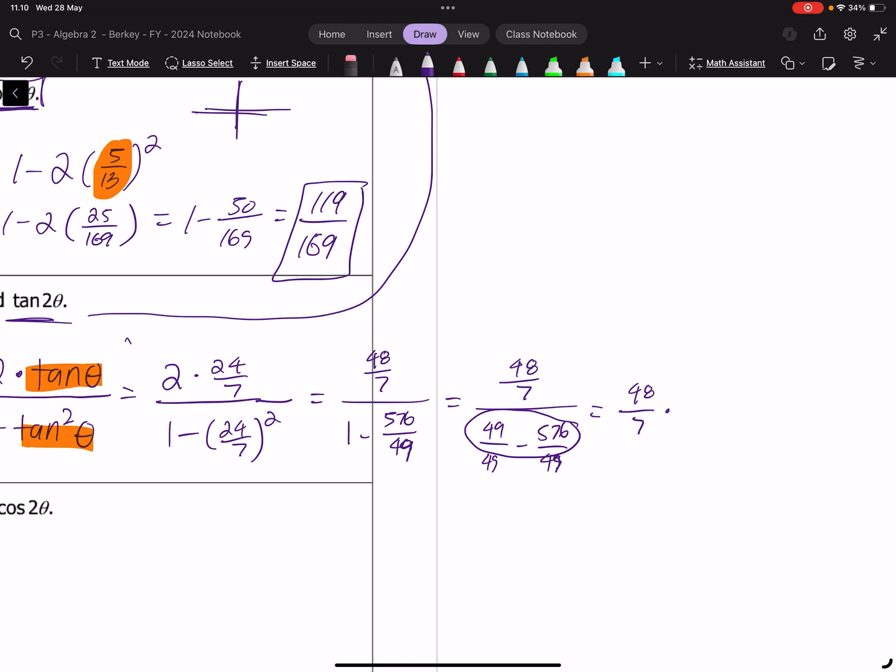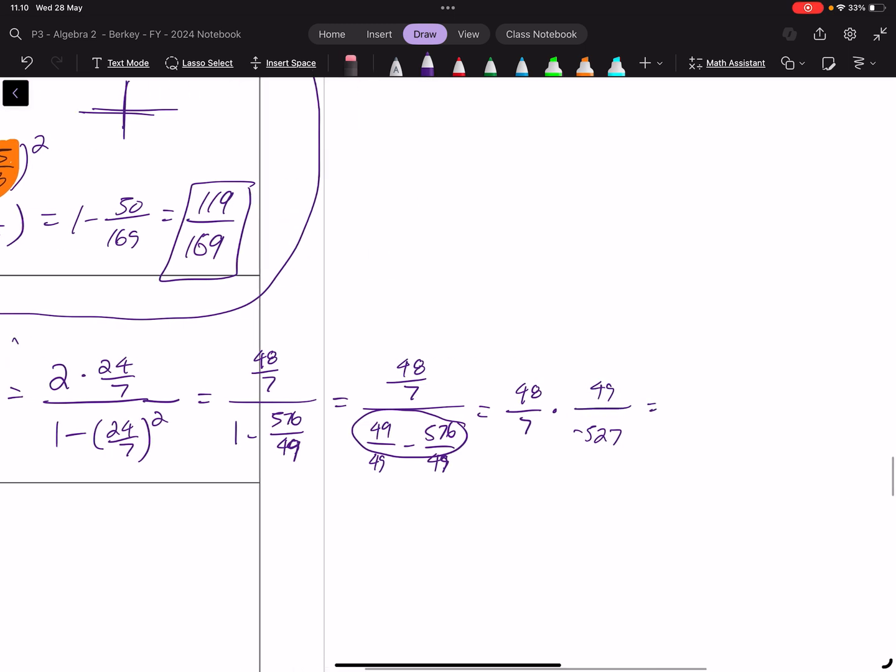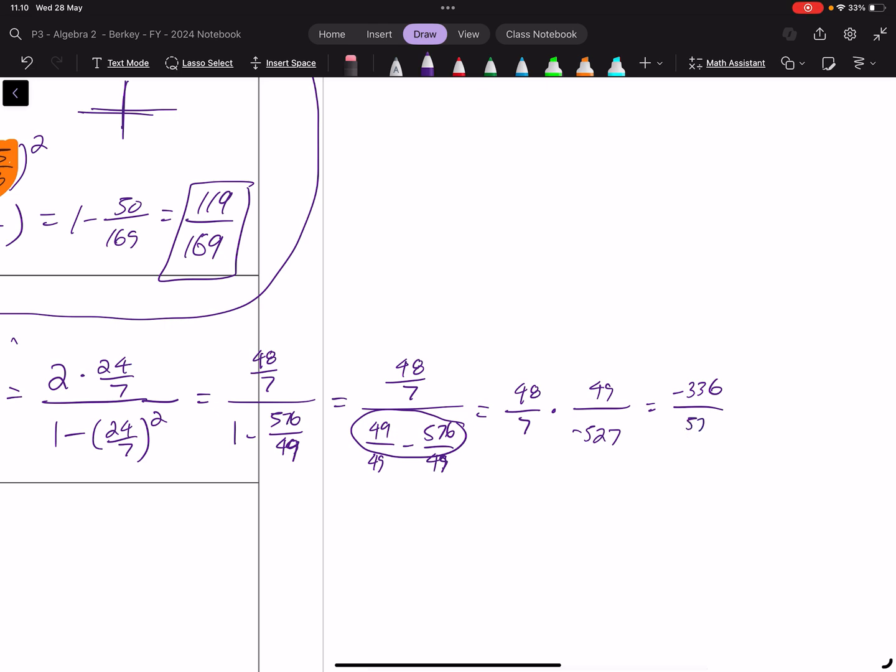Then I'm going to take negative 527 and put it on the bottom of the fraction because I'm going to keep, change, flip and put 49 on the top. So this is negative 336 over 527. Done.